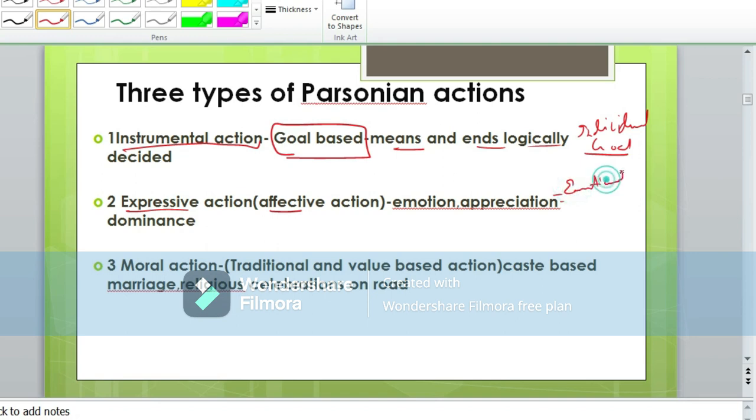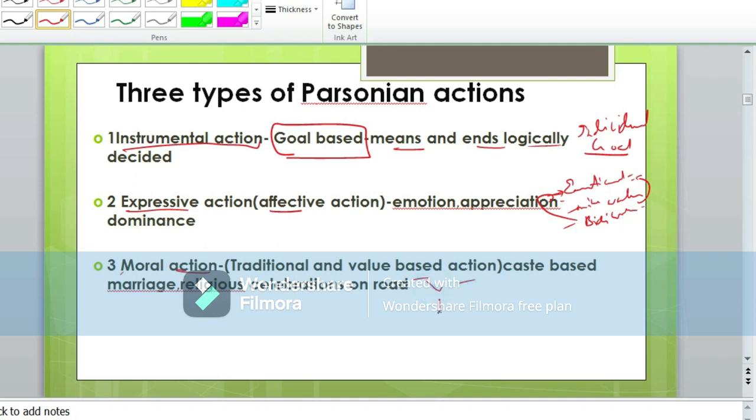For example, if a child saw that his father died as a mine worker or a bidi worker, then he will never work in those industries. Then third is the moral action, in which traditional and value-based action, the caste-based system or the religious-based system, is taken into action.